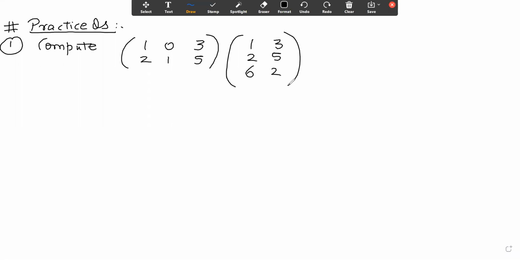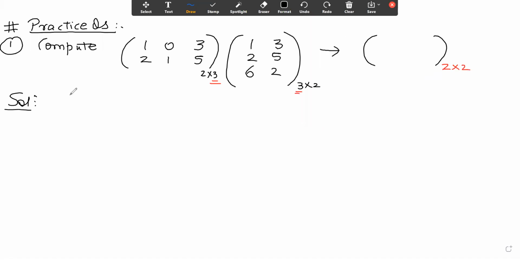So guys, you can clearly see that the first matrix is 2 cross 3 and the second matrix is 3 cross 2. So our resulting matrix will be what, guys? You can clearly see this matrix multiplication is possible because this 3 is equal to this 3. So my resulting matrix will be 2 cross 2.